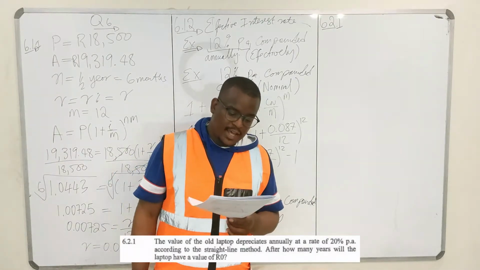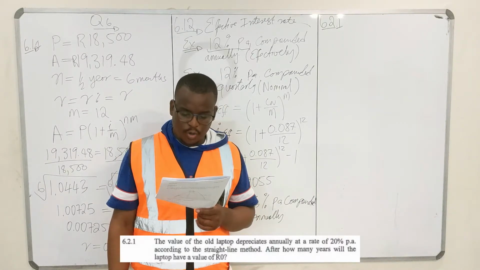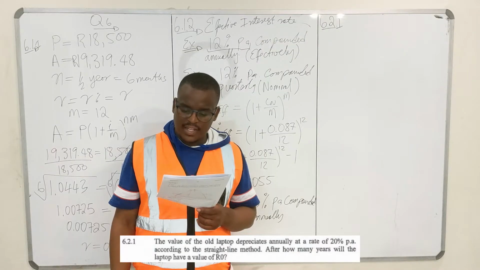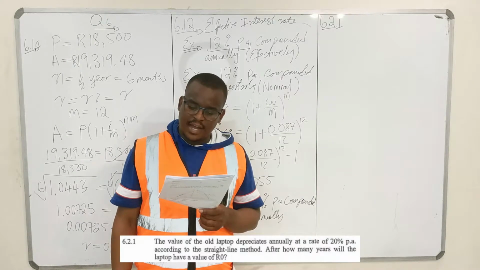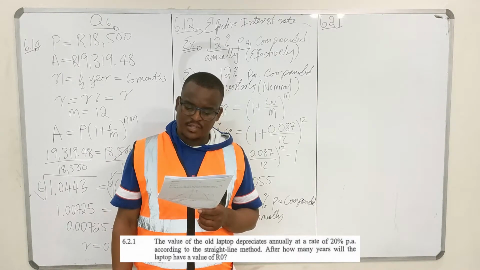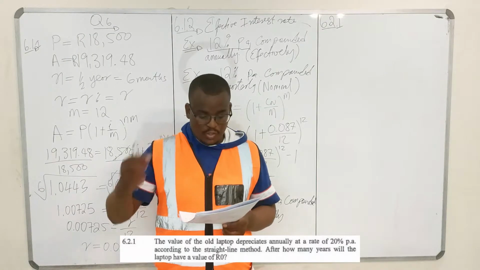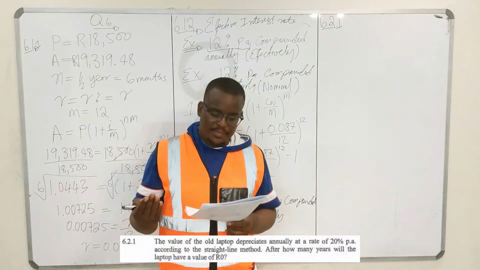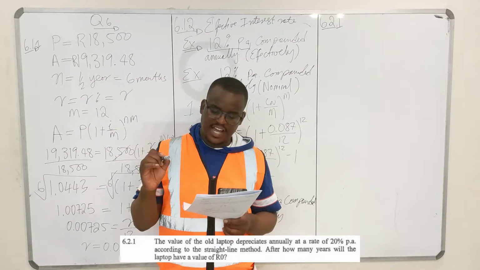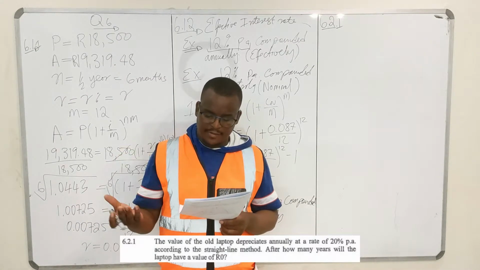They are saying the value of the old laptop depreciates annually at a rate of 20% per annum according to the straight line basis. So they are asking, after how many years will the laptop have the value of 0 rands? They're telling you that our laptop depreciates annually at a rate of 20% per annum, on a straight line method.